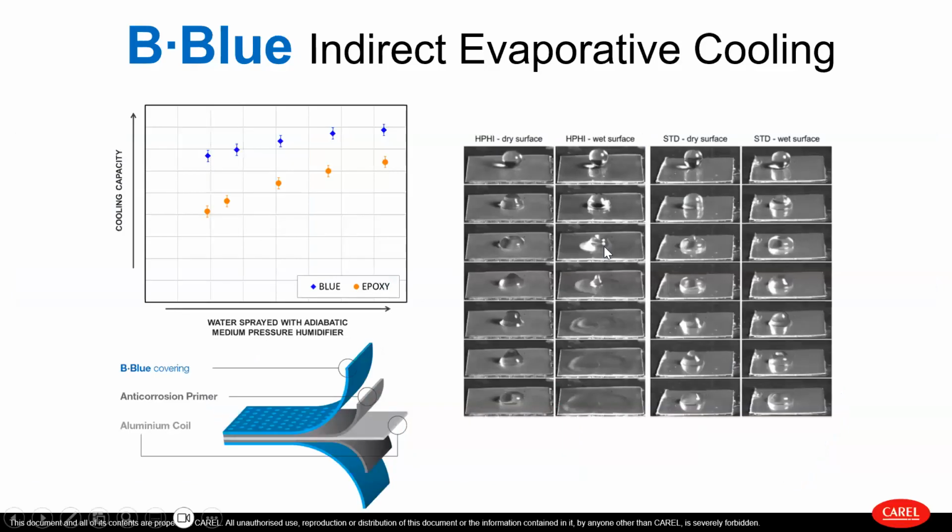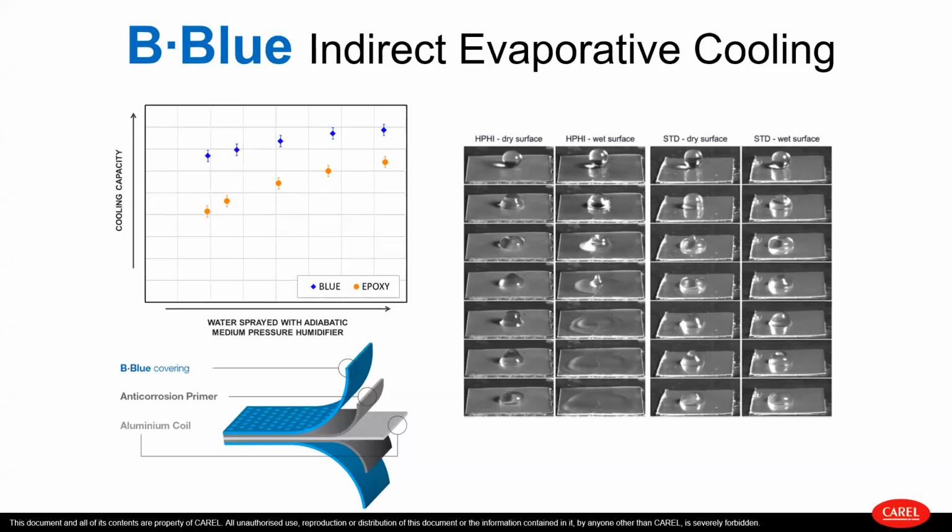To see well how B-Blue works: it's a coating on the aluminum which is hydrophilic, so the relationship between the droplet and the surface is really strong. The contact angle is much smaller compared to the epoxy protection.